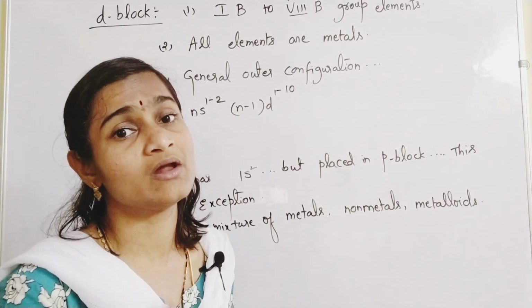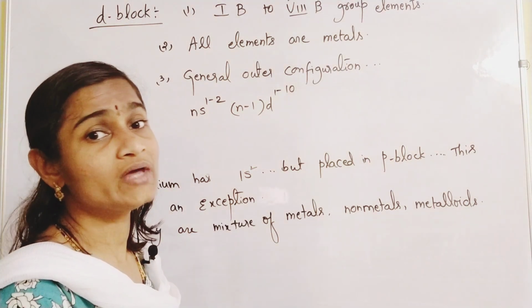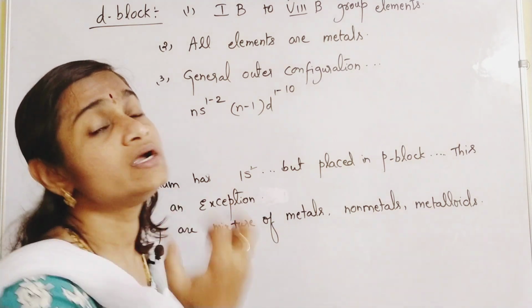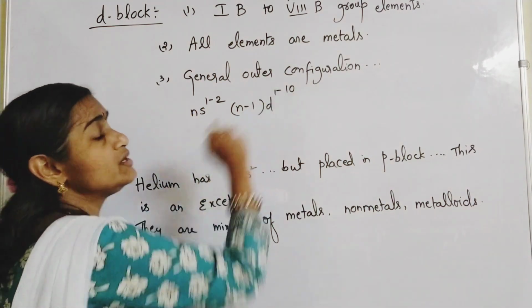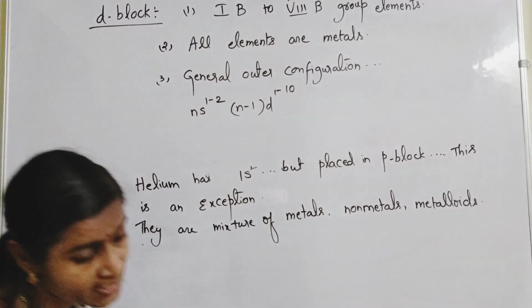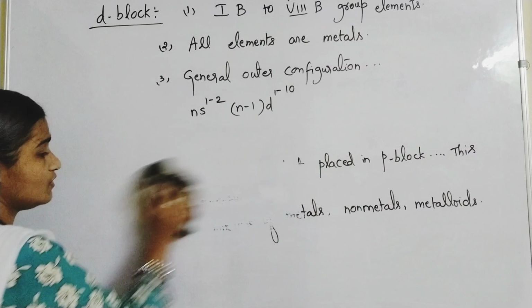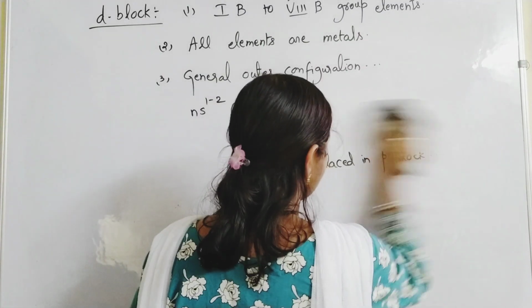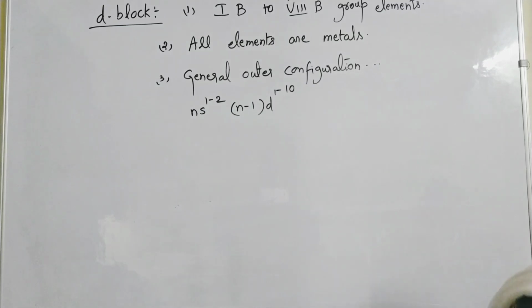Penultimate shell consists of d orbital, electrons which are entering into d orbital. So ns1 to 2, n minus 1 d1 to 10. This is the general configuration for D block elements.